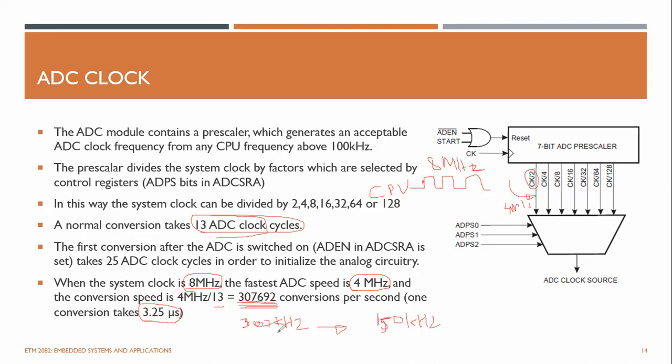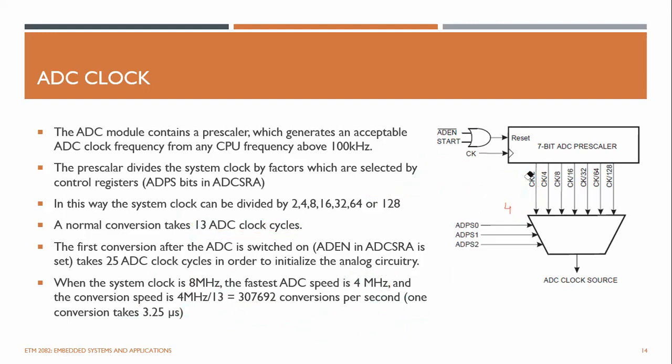Any frequency higher than that cannot be measured due to the hardware limitation of the ADC. So you have to make sure you are selecting the right clock speed based on your requirements.